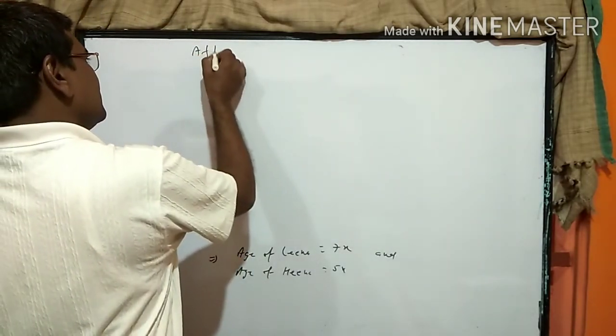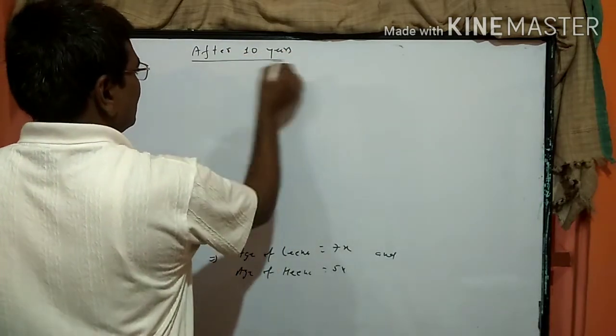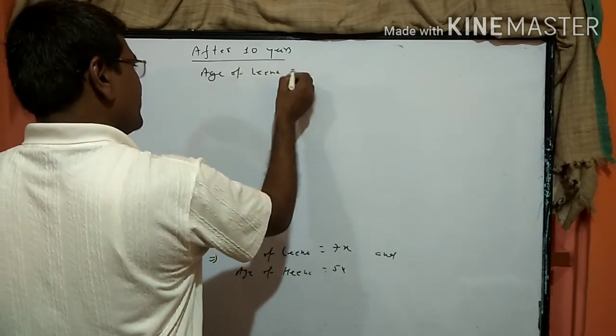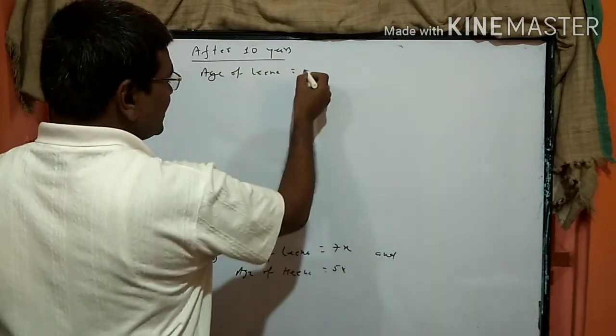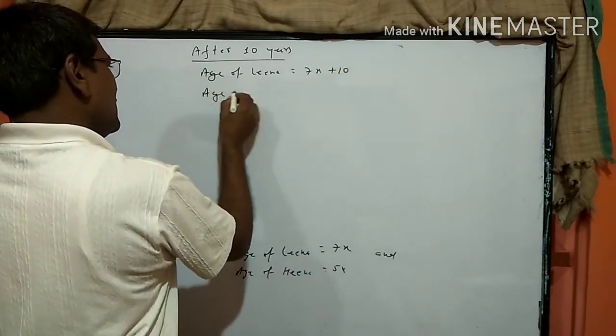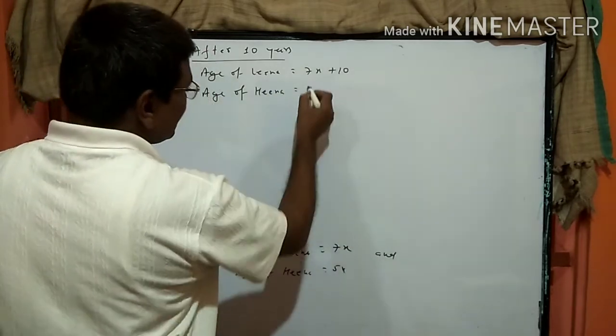After 10 years, age of Leena will be 7x plus 10 and age of Hina will be 5x plus 10.